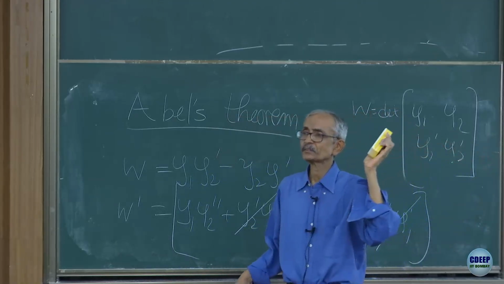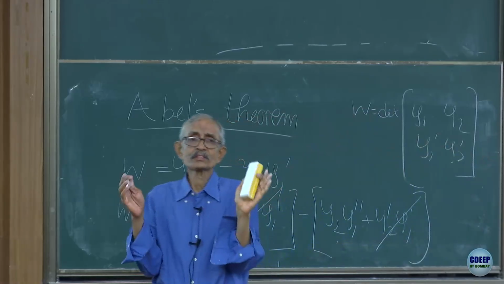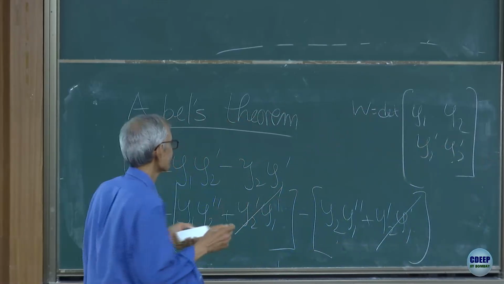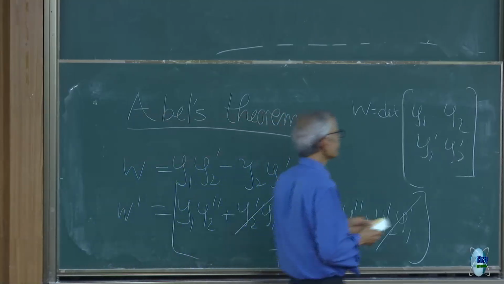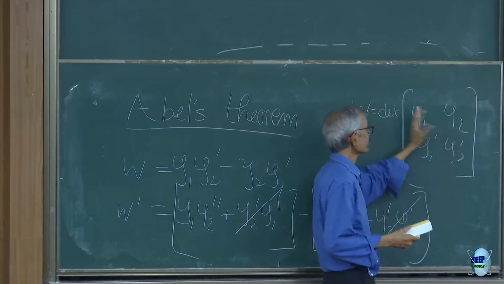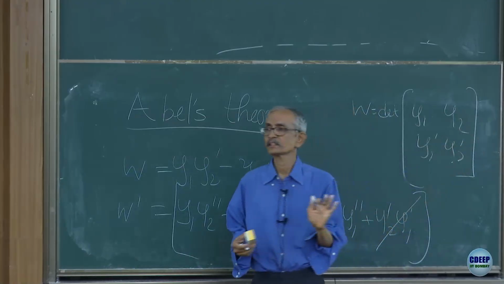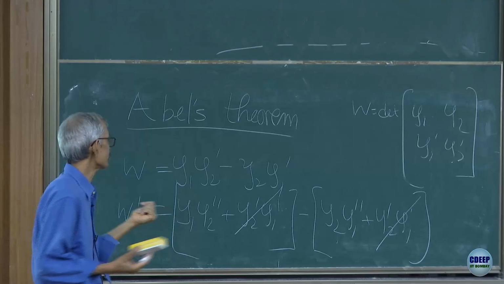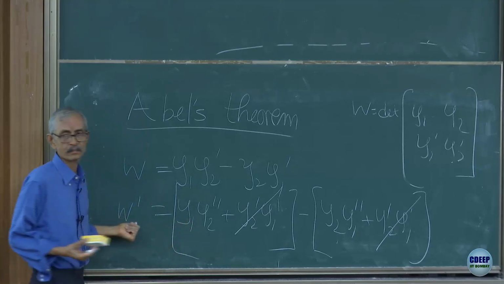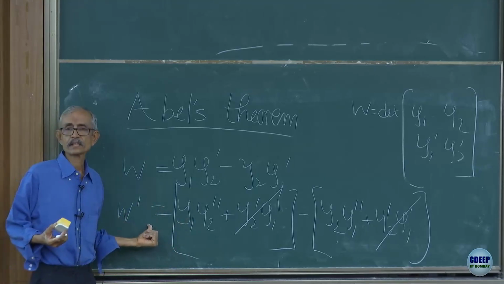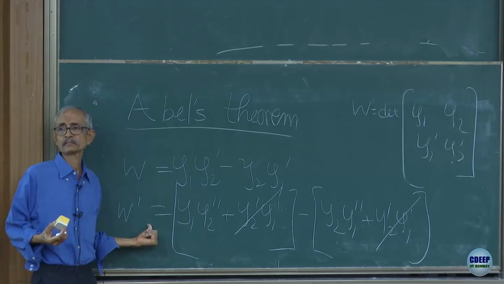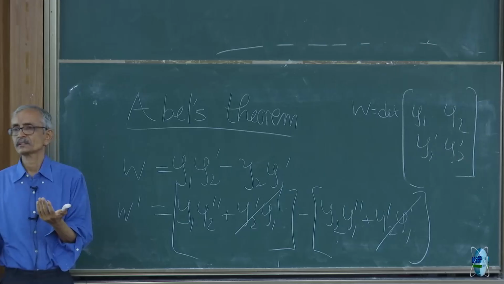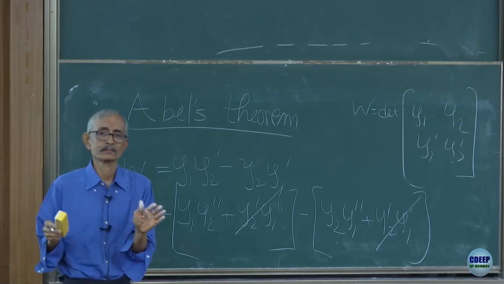They are the solutions to the original differential equation. If they are solutions, I can also write this with y2 first and y1 second, no problem. What's going to happen? There will be a negative sign outside it, but that's not going to bother us.